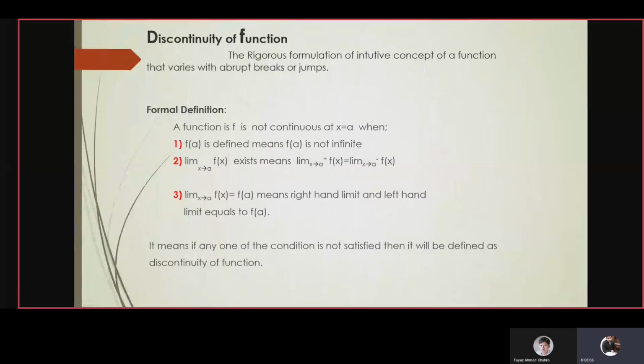On the other side is the discontinuity of function, which is the opposite of continuity. There are also three conditions. If one of the conditions is not satisfied, then it is defined as discontinuity of function.